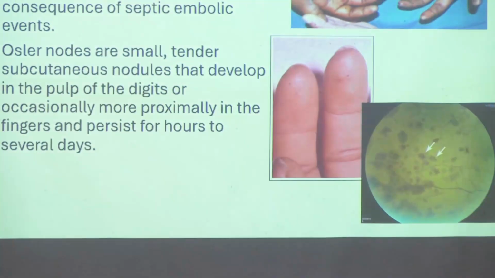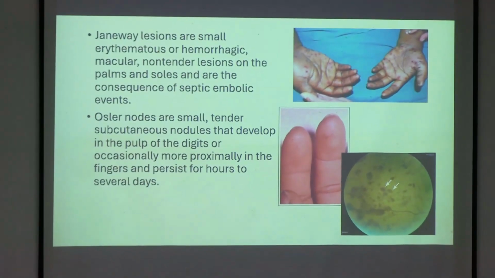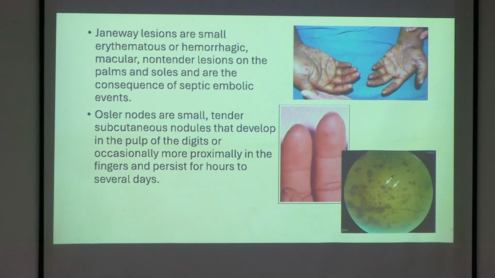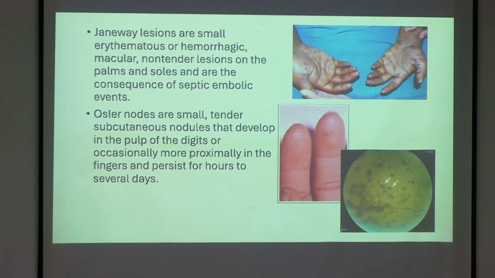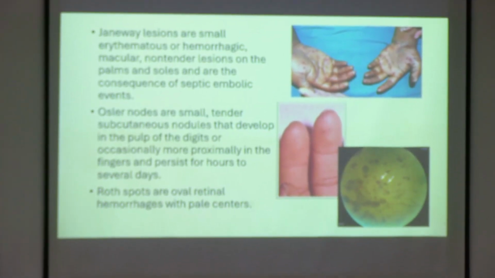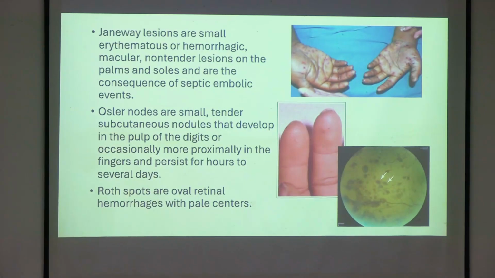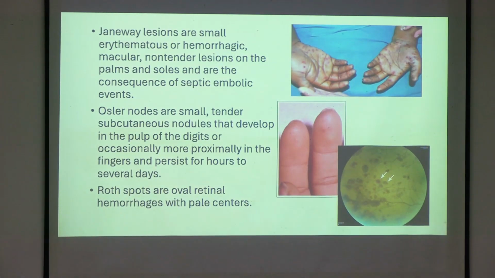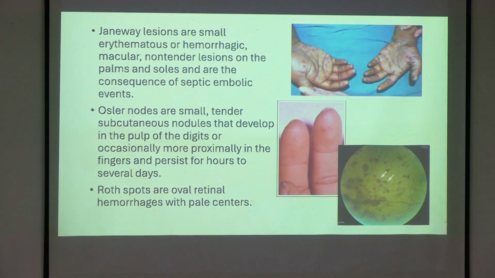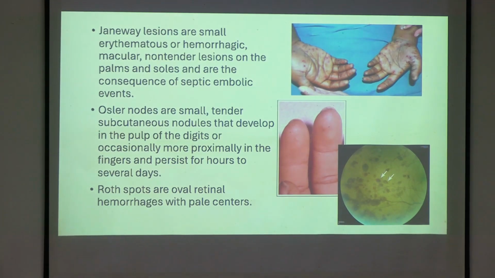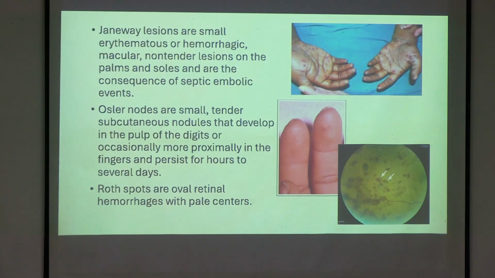Third one is the Roth spot. So what you can see here, where is it? Roth spots are seen in the retina, okay. This is in the eye. So they are oval retinal hemorrhages with pale centers, okay. Haven't you seen retinal examination?